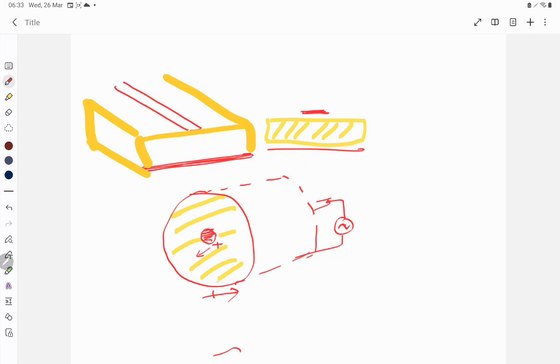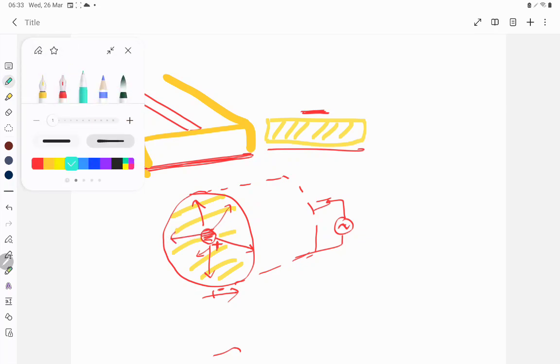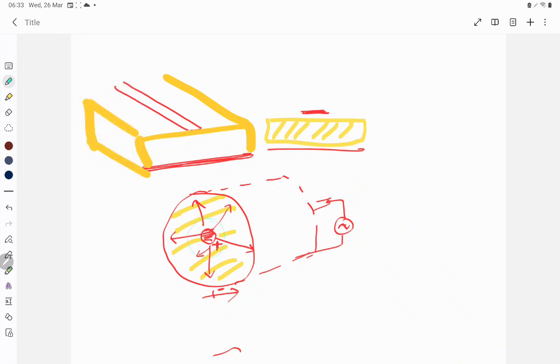So if we take this as positive and this as negative, the direction of electric fields will be like this, right? And your magnetic field direction will be like this.